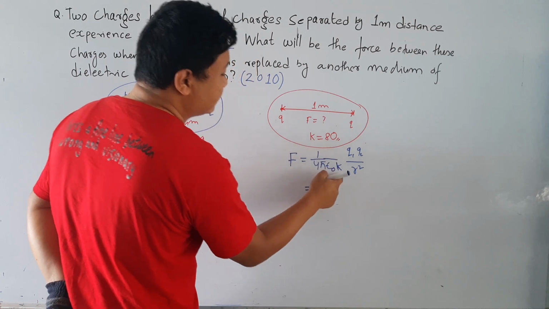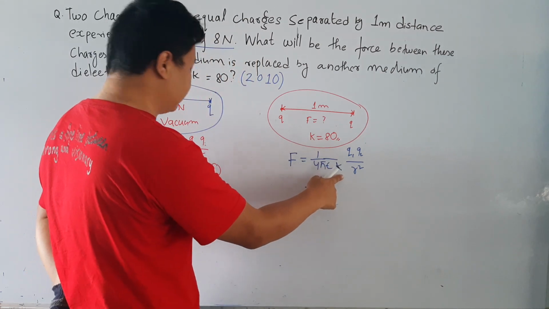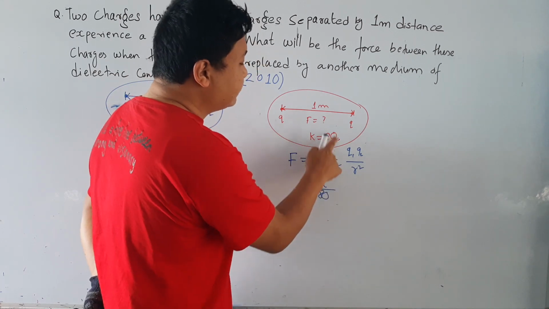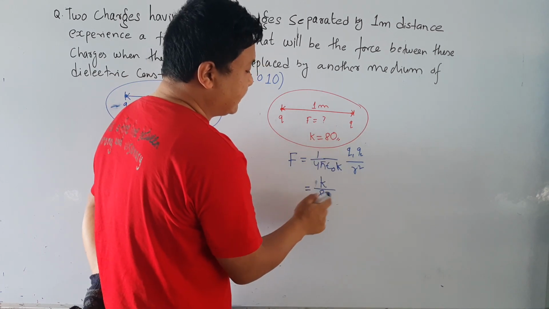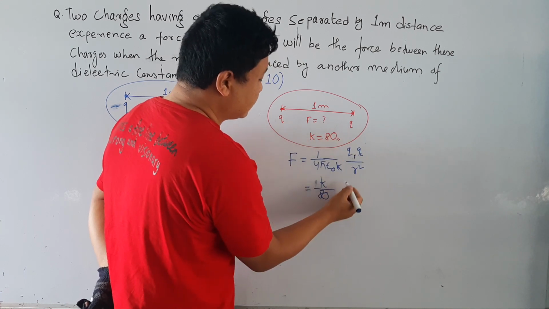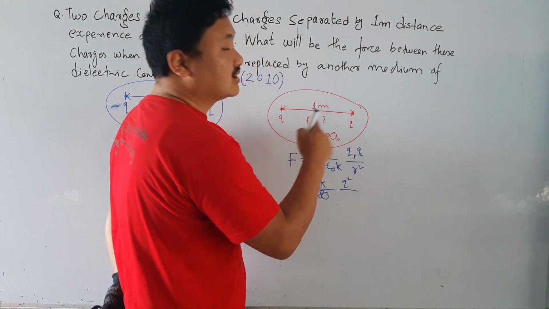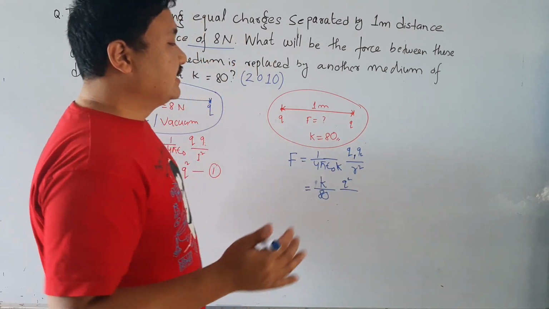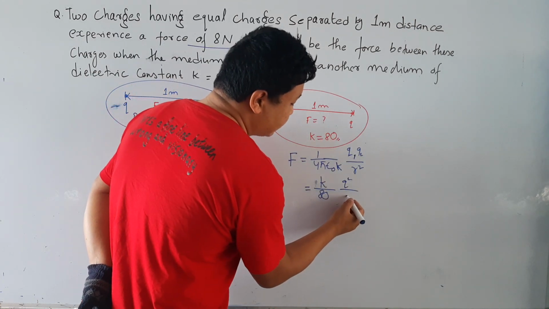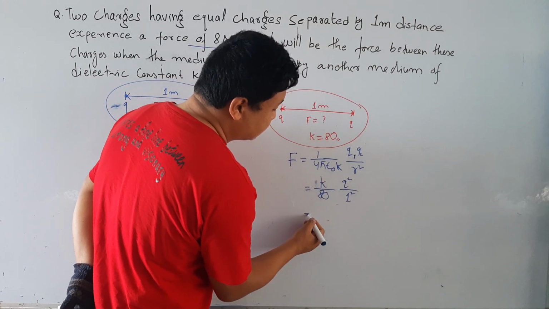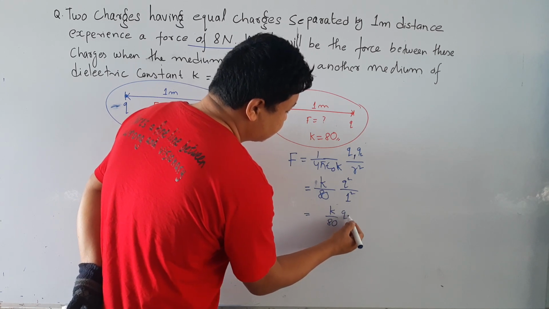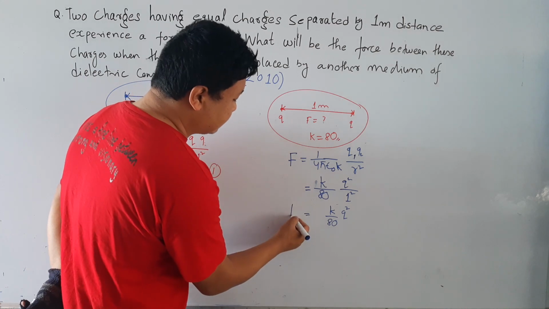And what is this K? This K is the dielectric constant of this medium, and it is 80. So Q1 is Q, Q2 is also Q, it will become Q square, because the charges are not interchanged or replaced, and the distance is also not changed, so it will become 1 square. Then how much is this? This will be k by 80 Q square. Okay, this is in medium.